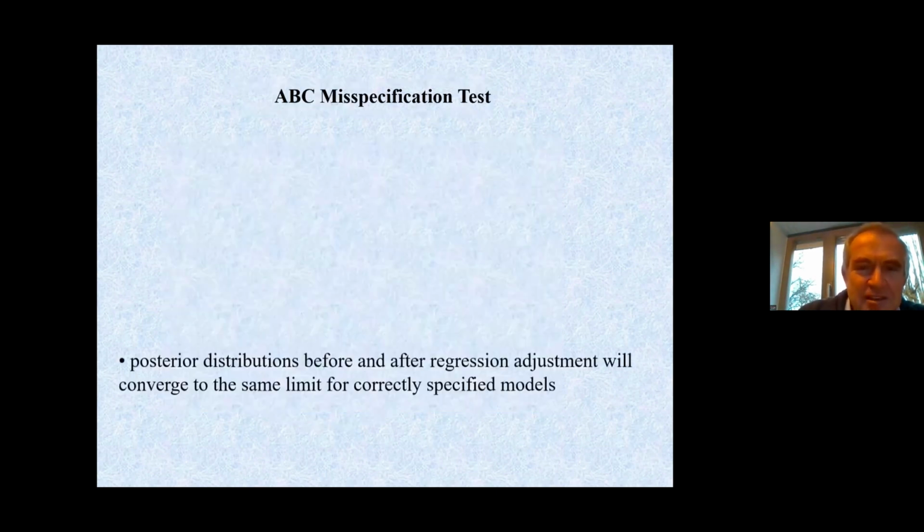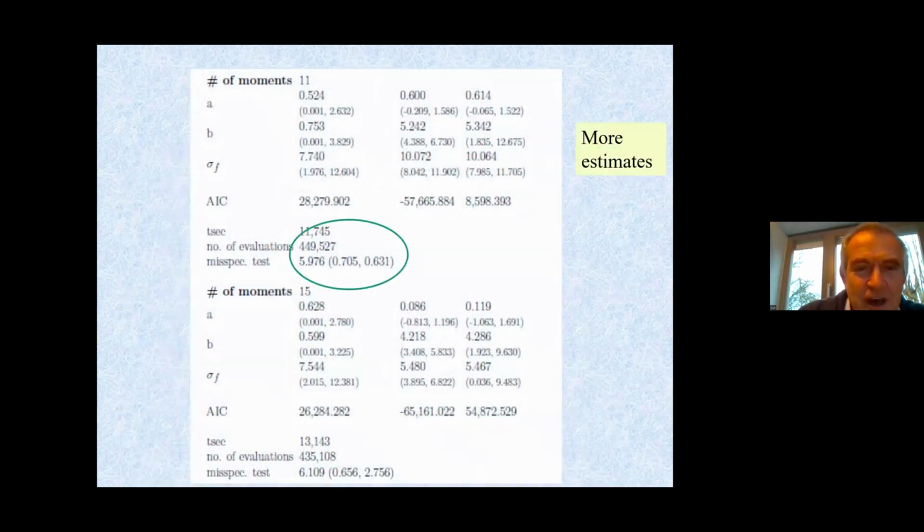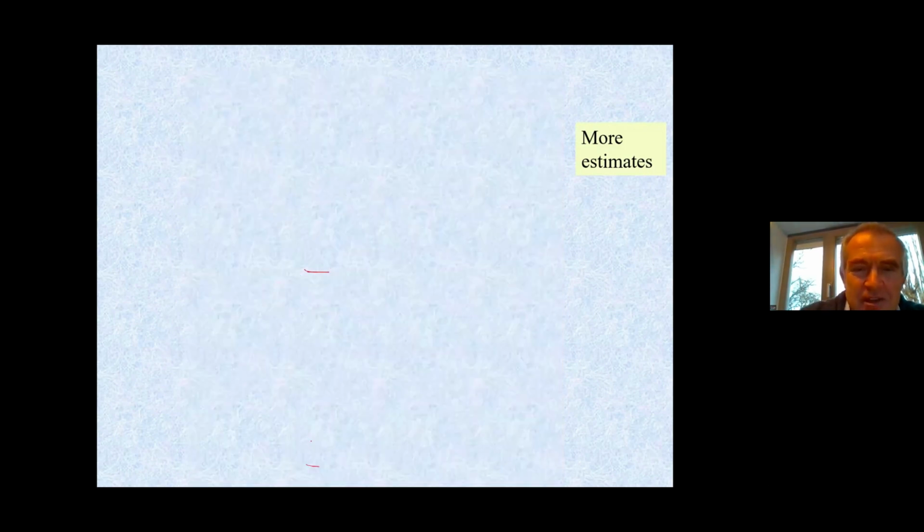Interestingly enough, I can reject it for other sets of data, for 11 moments, for other sets of moments, excuse me, for 11 moments, this is clearly rejected here. This is much higher for 15 moments as well, but not for 7 moments. And that shows you that there are some subtle differences between the data and what my model can explain, which is natural because the model is a very simple one.